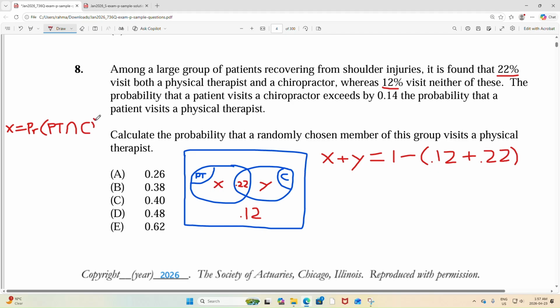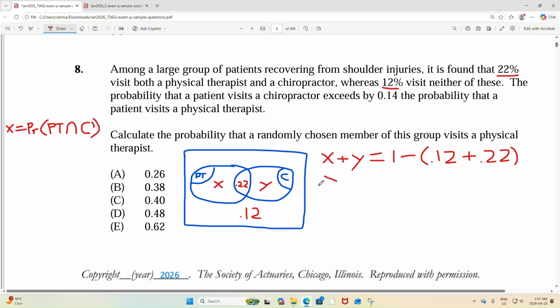That prime there just means complement, which means not in C. So if you want to be in both of these regions, you have to see a physical therapist, which includes the X and the 0.22, but you also have to not see a chiropractor, which takes out the 0.22. So it's just the X.